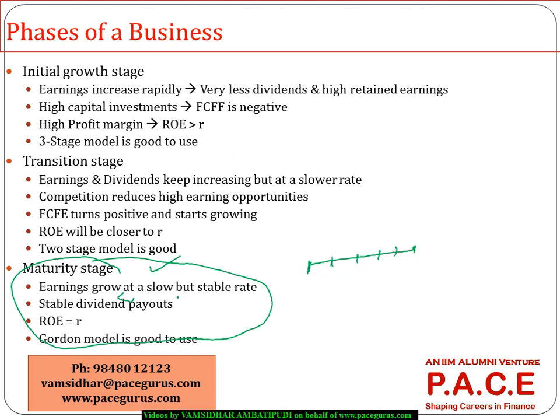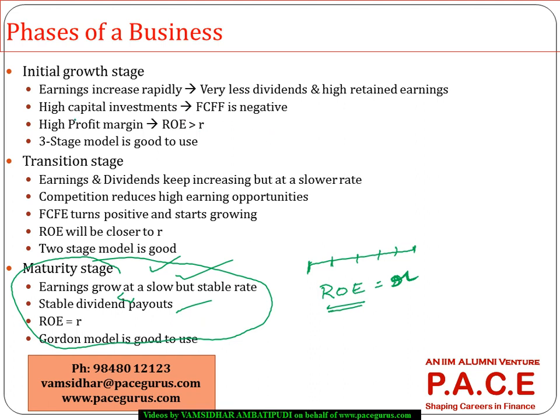So even the dividend payouts are stable. That is the scenario where the required rate of return that the investors are expecting will be the same as the return on equity the company has generated. So in this case, the Gordon growth model is quite comfortable to be used.